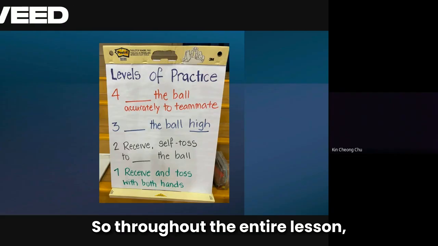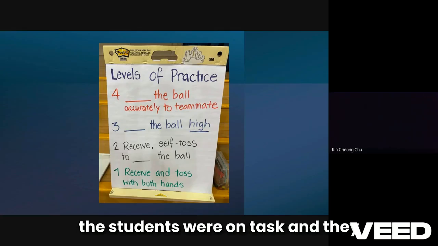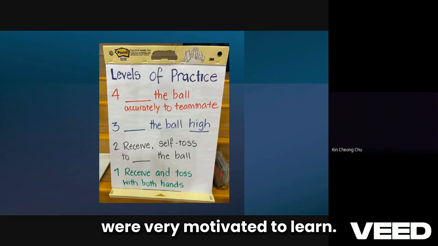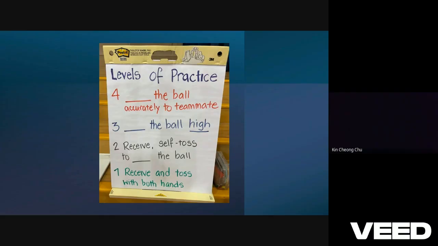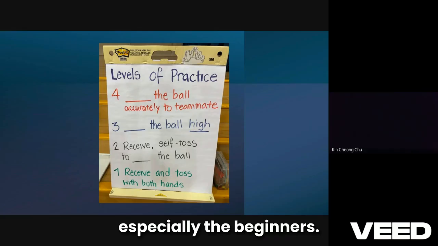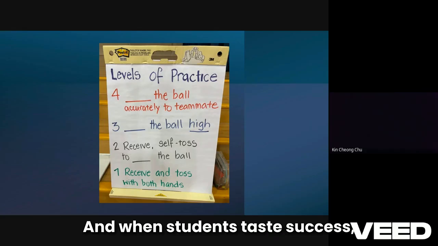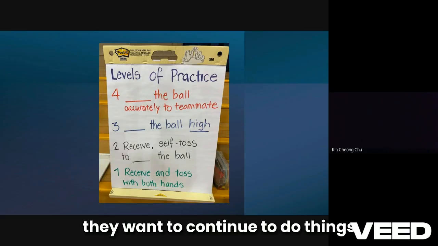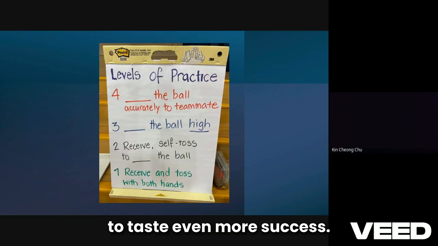So throughout the entire lesson, the students were on task and they were very motivated to learn. So all in all, when DI was done well, the students get to taste success more easily, especially the beginners. And when students taste success, they want to continue to do things to taste even more success.